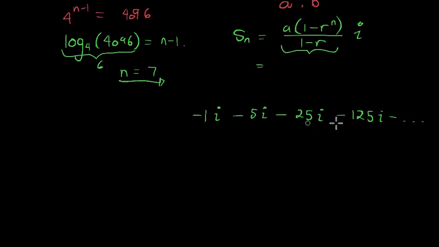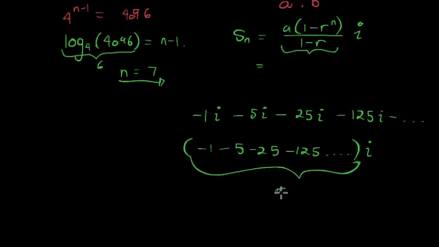Now all I'm doing is taking out an i as a common factor. So negative 1, negative 5, negative 25, negative 125, all the way until I get to 16 terms, with i. In other words, this is my sum, and I'm just going to multiply with an i. That's why they say in terms of i. Does that make sense?